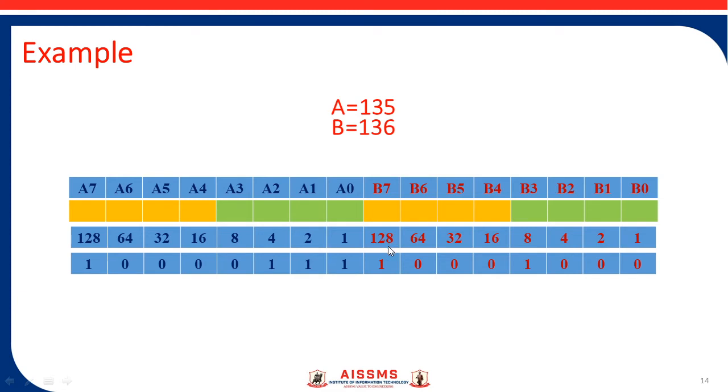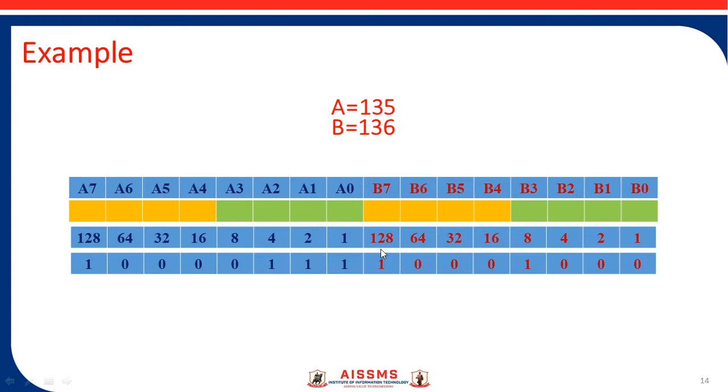136 is greater than 128, so make it 1. Then subtract 128 from 136, you'll get 8. So 8 is already in the weights, that is 2 raised to 3, so make it 1, and the rest of the bits should be 0.